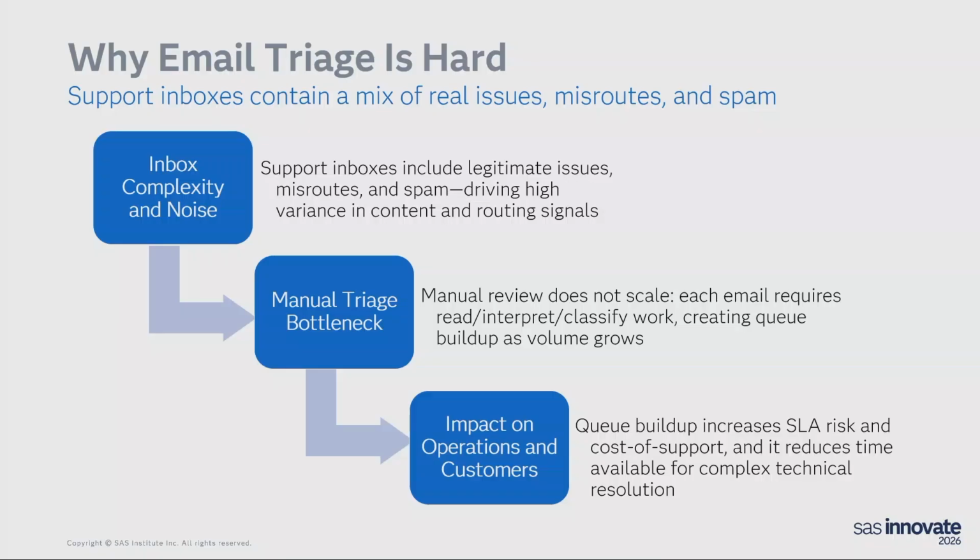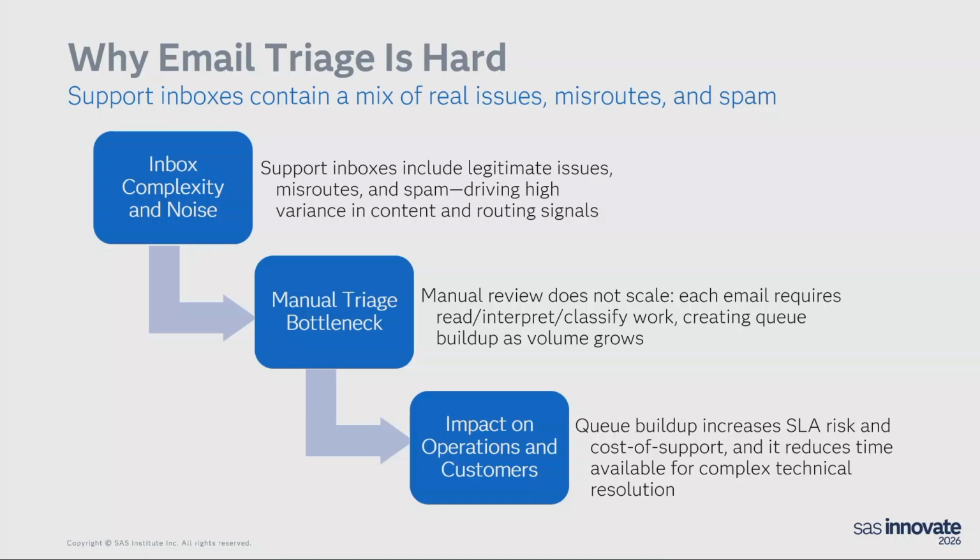Let's start with the problem. In technical support, not every email that comes in is a support request. Some of them are legitimate customer issues, some of them are misroutes, like airline-related emails, and some of them are spam. But they all come in the same way, just text.